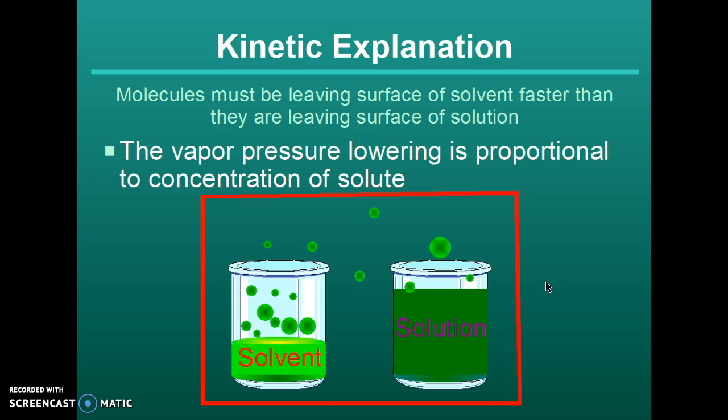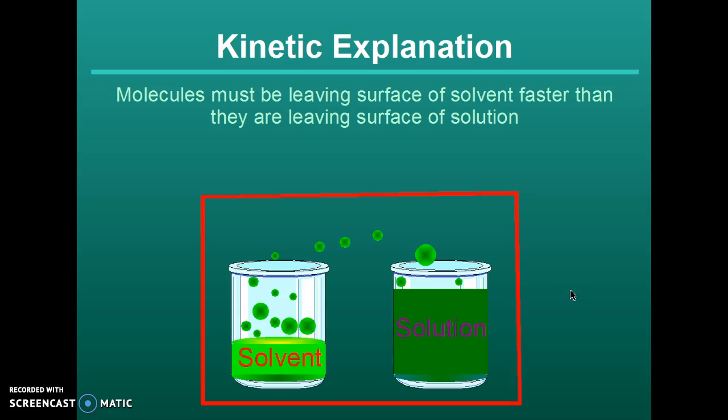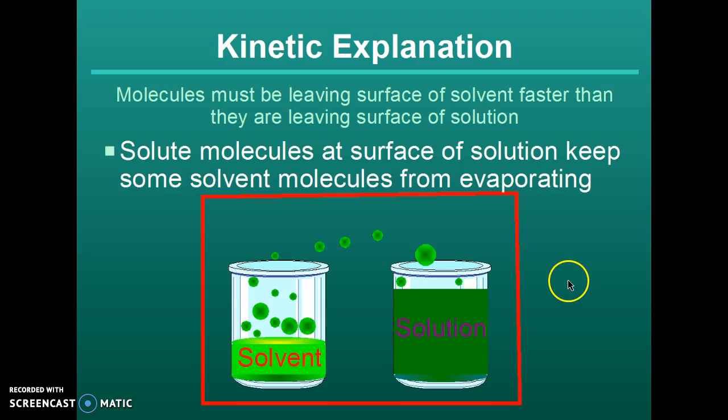Moreover, we find that the vapor pressure lowering is directly proportional to the concentration of the solute, and it doesn't depend on what solute is in there. Solute molecules at the surface of the solution then must be keeping some of the solvent molecules from evaporating.